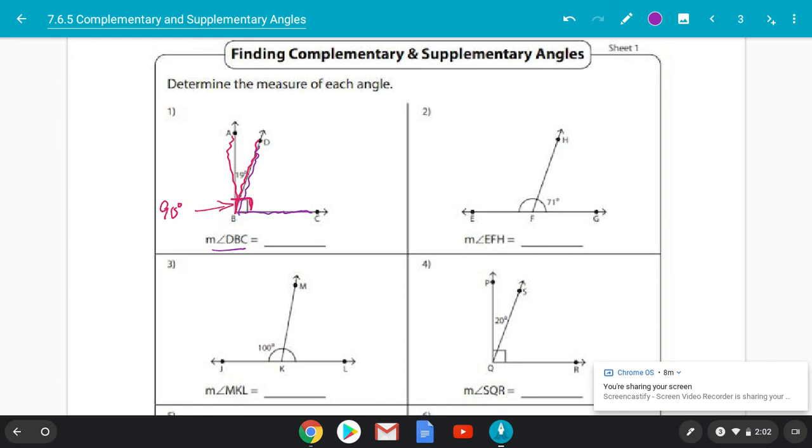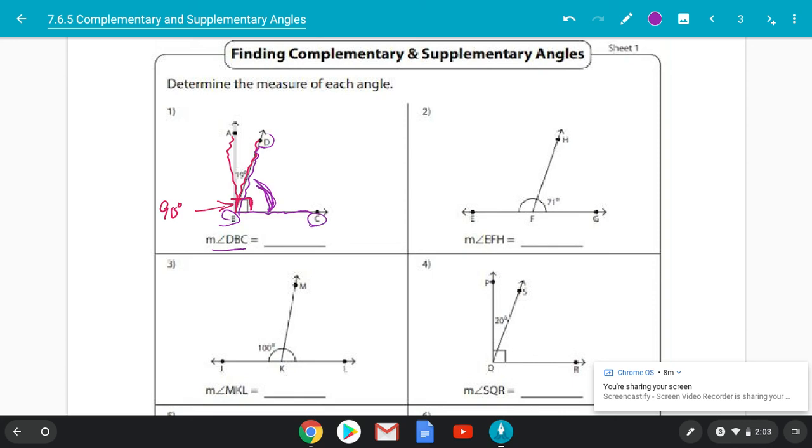Don't worry too much right now, guys, about the format of how they're asking for this measure of an angle. That's a little more complicated than you're going to really see in 7th grade, but just kind of exposing you here that we're always talking about M being the measure, and that's our little angle symbol, and then we go in the order that the letters are given. So I would have started with D, then B, then C. So I'm looking for this angle.